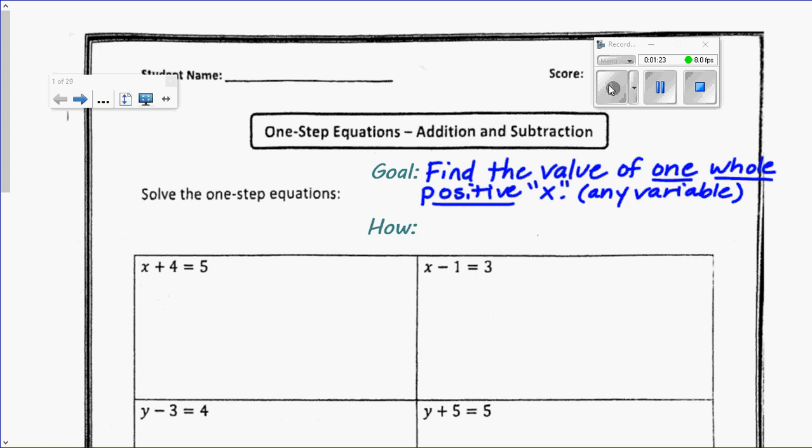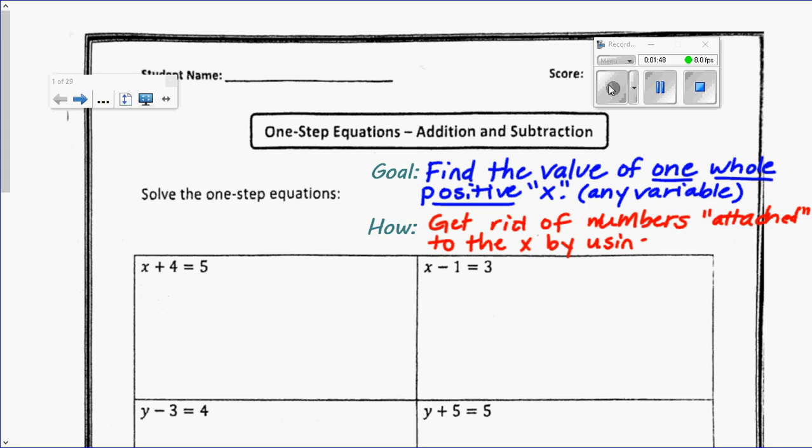Okay, and how are we going to do that? We are going to get rid of numbers attached to x by using inverse operations.